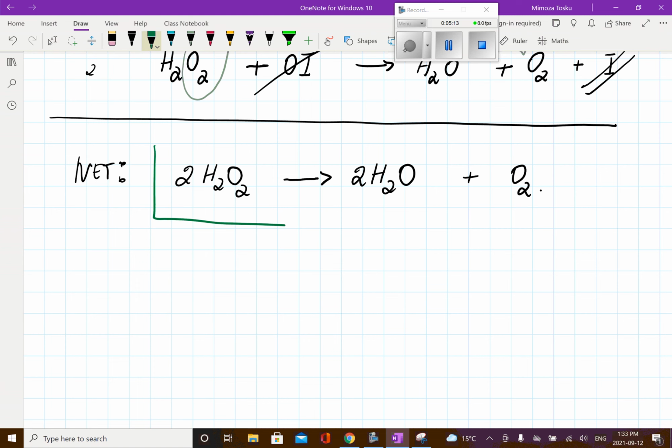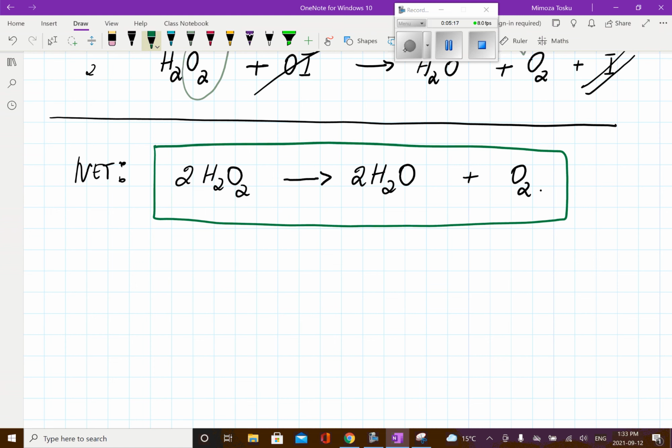You probably have seen the decomposition of hydrogen peroxide in the elephant toothpaste experiment, which you probably did in Science 10 or in other fun science classes.